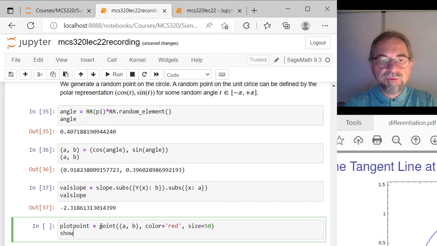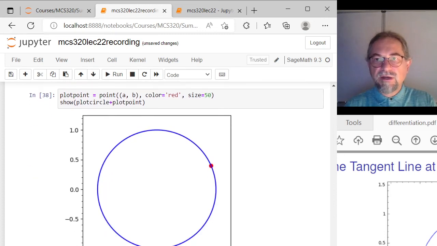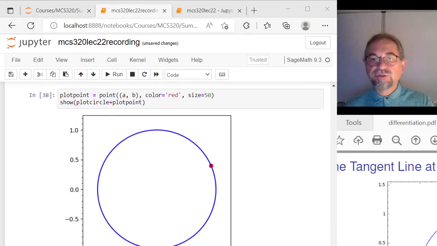So I'm going to show the plot of the circle and add to it the plot of the point. And here you see the plot. The slope is negative, so you can already imagine the tangent line. And indeed, that goes negative. So this is already an indication that the sign of the value of the slope is correct.